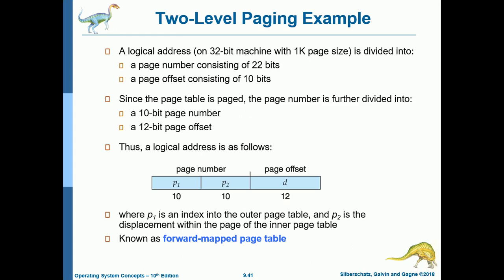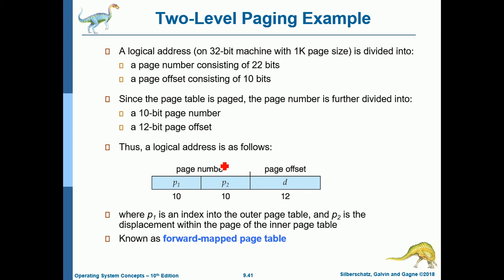Two-level paging example. A logical address on a 32-bit machine with 1 kilobyte page size is divided into a page number consisting of 22 bits and a page offset consisting of 10 bits. So 22 plus 10 is equal to 32. Since the page table is paged, the page number is further divided: the 22 bits are divided into a 10-bit page number and a 12-bit page offset.